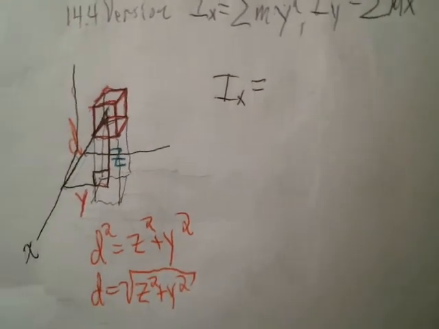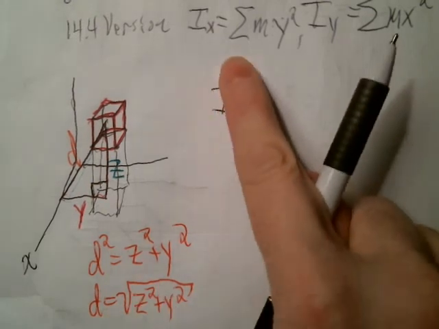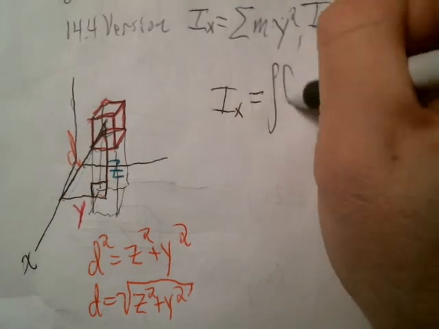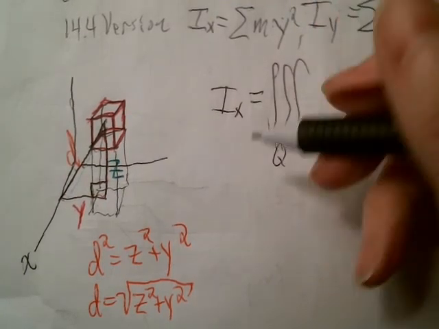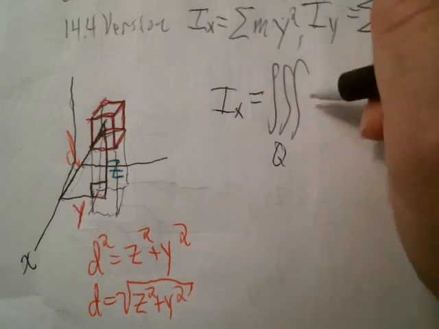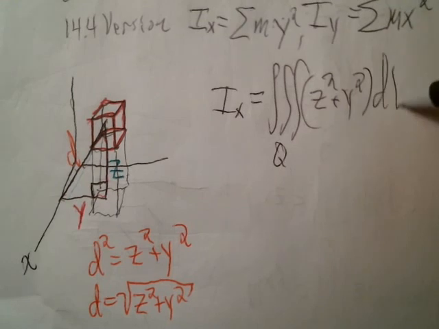Okay, so when I go to my moment of inertia and plug that distance in, I have to then square it. So I'll have a triple integral over the solid region of this thing squared, and when you square a square root, the square root goes away, so you end up with just z squared plus y squared dv.